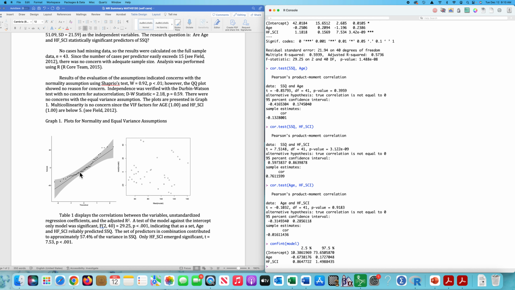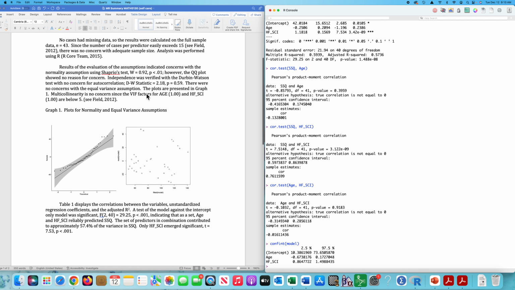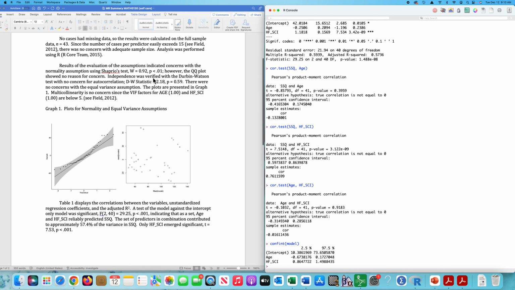The QQ plot to me provides no concern for normality for running these models. So Durbin-Watson, autocorrelation, independence, and VIF, if that's something you want to investigate more, there's plenty of information out there.